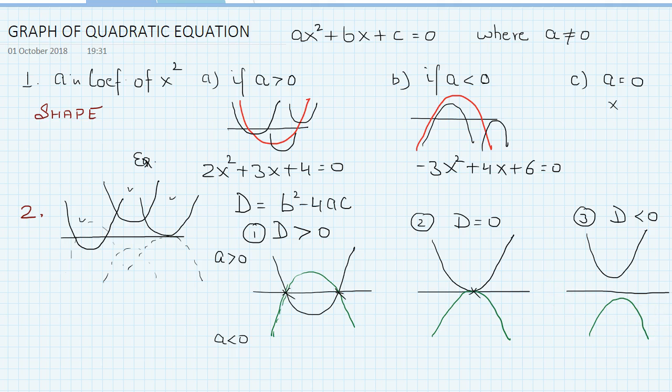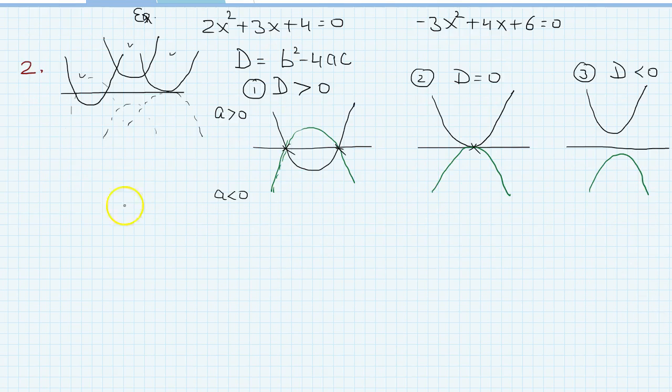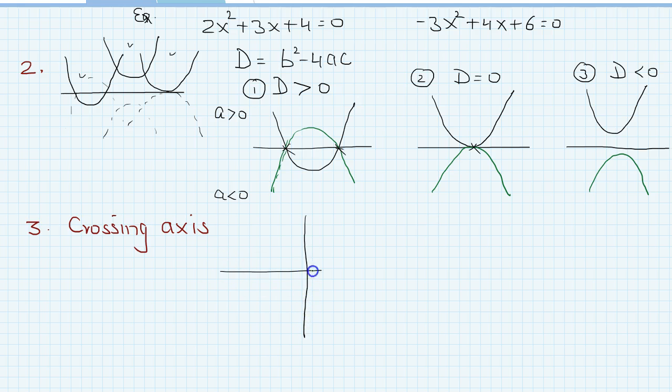Now the third thing, crossing axis. Whether the graph is crossing the x-axis or the y-axis. It's either this or this.